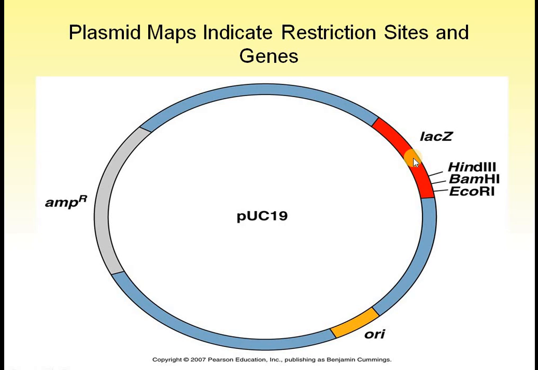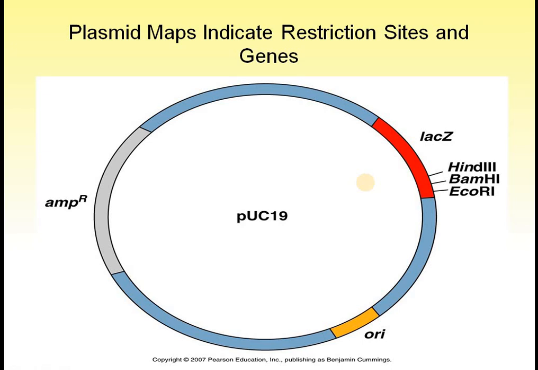Then it will have the lacZ site, which is a restriction site. Restriction site means whatever restriction enzymes there are, they will act on this site and cut this circular DNA here. Here you can see HindIII will cut at this site, BamHI and EcoRI will cut at that site.